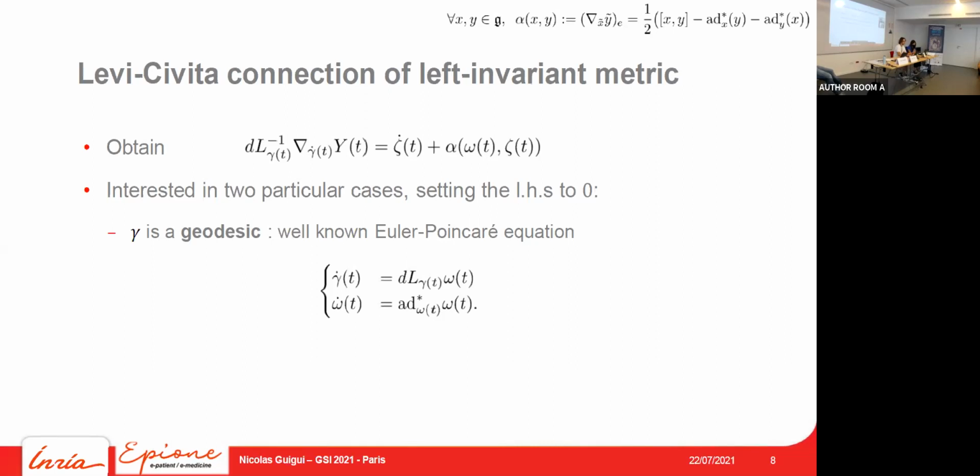In both cases, we set the left-hand side to 0. So the first case would be of a geodesic curve gamma, and it's very well known. It results in the Euler-Poincaré equation that is expressed only with the dual adjoint because alpha reduces to the dual adjoint when x and y are equal.